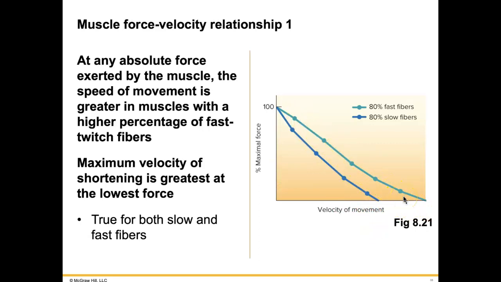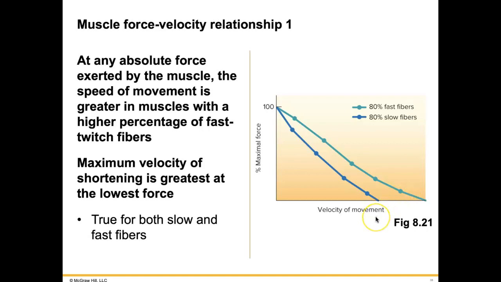And then our maximum velocity of shortening is going to be the greatest at the lowest force. So if we are down here at low force, we're always going to see that we have the greatest amount of velocity taking place. So the greatest speed of movement is generated at the lowest workloads. And this is true for both our slow and fast twitch muscle fibers.